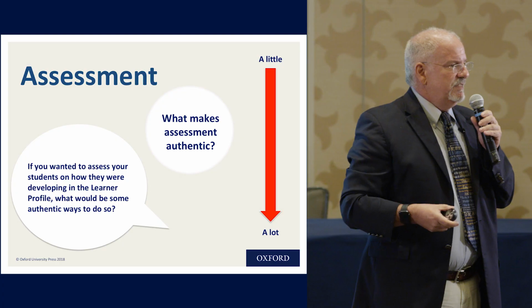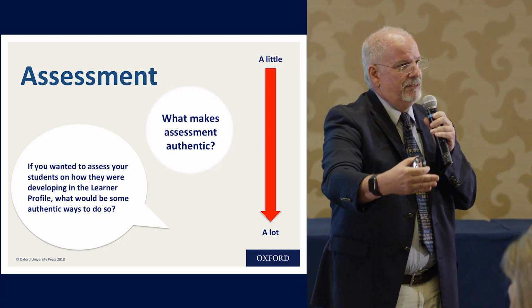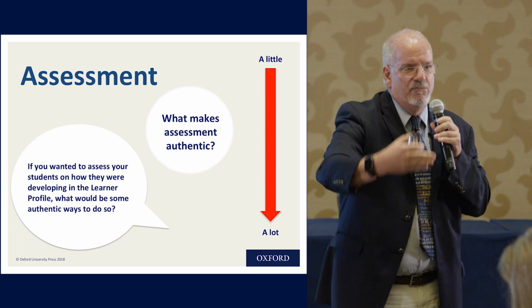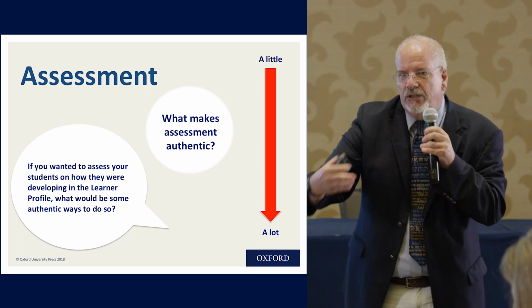is there are different degrees to which you might be a thinker, you might be a communicator. So when we think of assessment, what we're trying to decide or discern is to what degree does the student demonstrate what we're looking for?